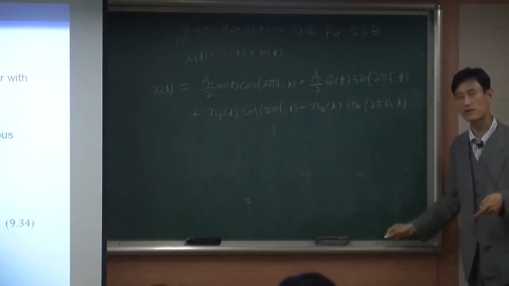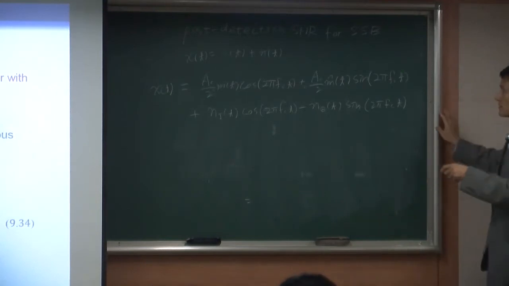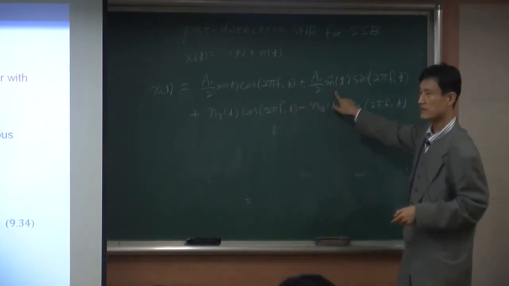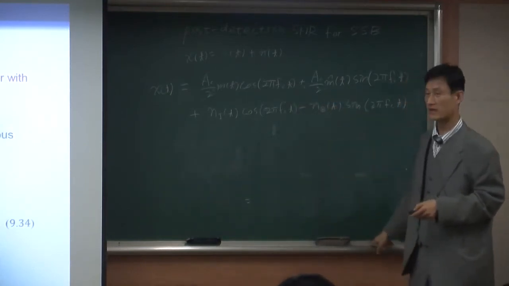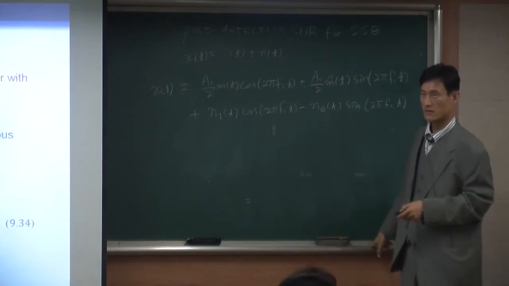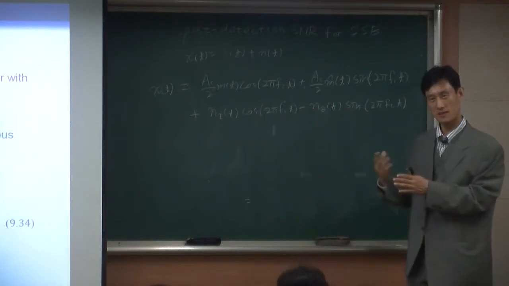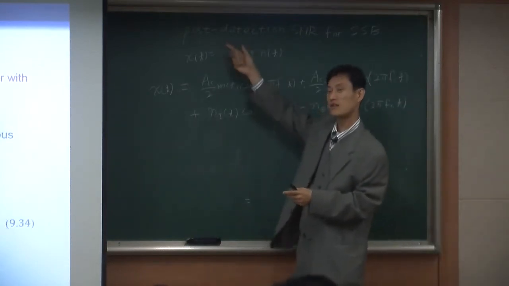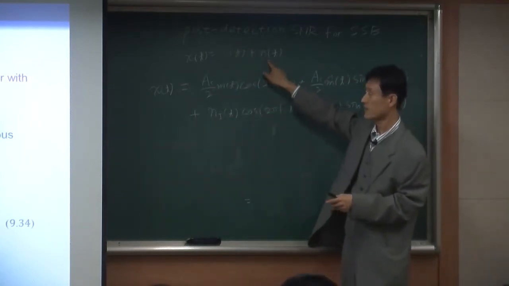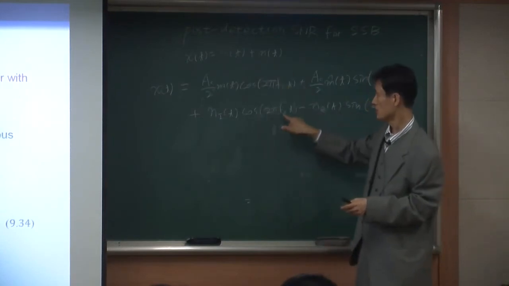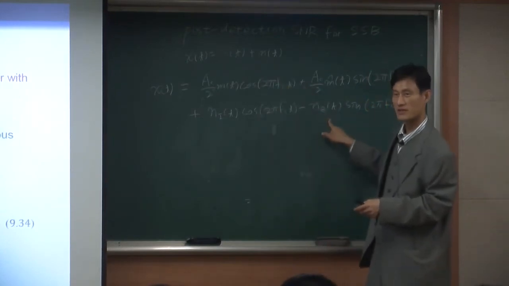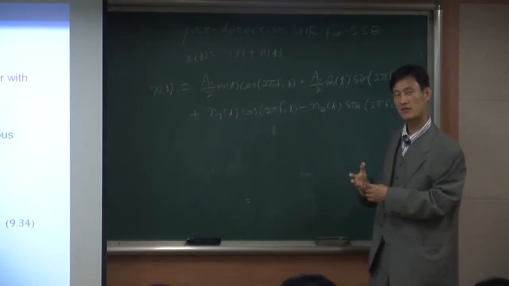So this is our x(t). So we have 4 different terms. 2 terms for s(t), another 2 terms for n(t), right? Basically, we are doing the same thing again and again, right? For post-detection, the first thing to do is change the n(t) into baseband representation. That's what we are always doing, right?